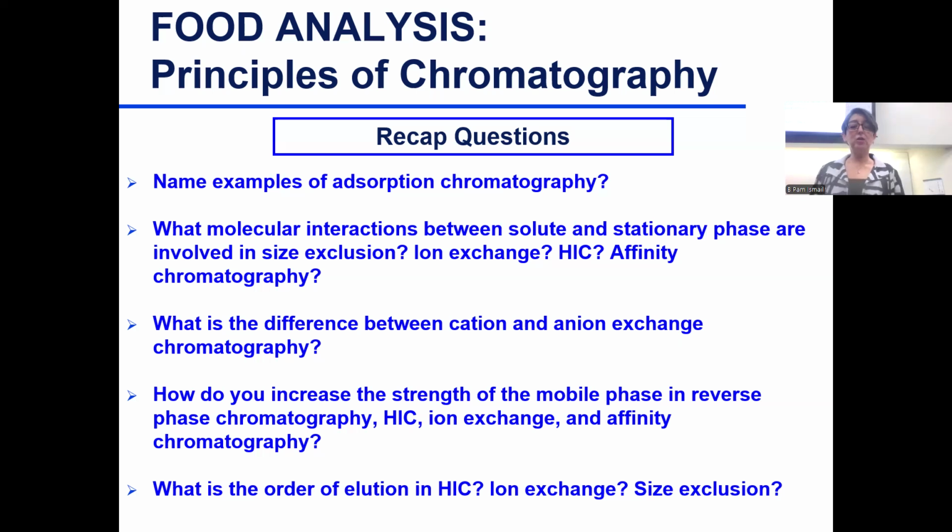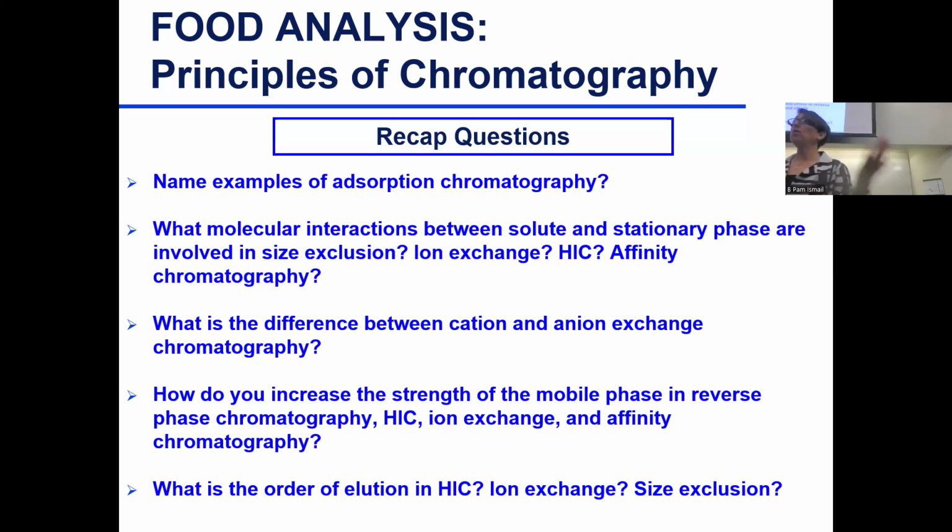How do you increase the strength of the mobile phase in reverse phase chromatography? First, do you remember what reverse phase chromatography is? What's your stationary phase, polar or non-polar? Right, non-polar, correct. And then your mobile phase will be polar. So how would you increase the strength? Increase the concentration of what?